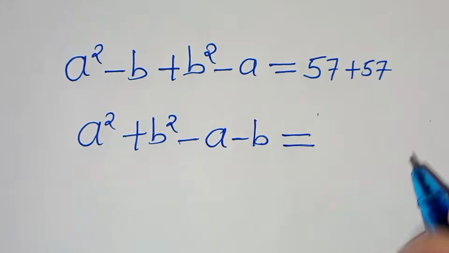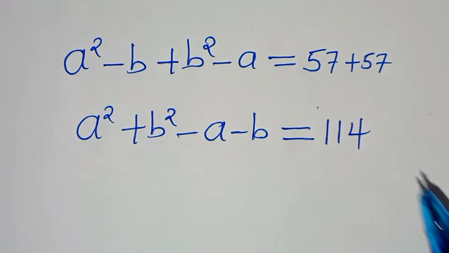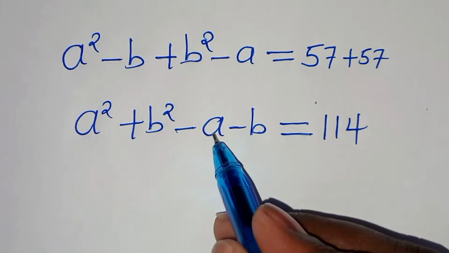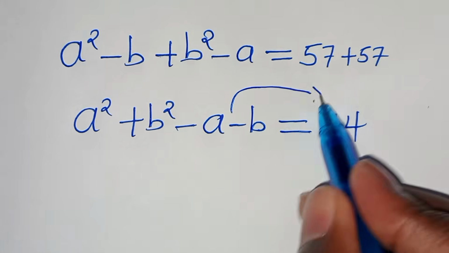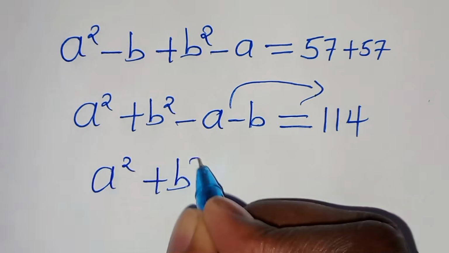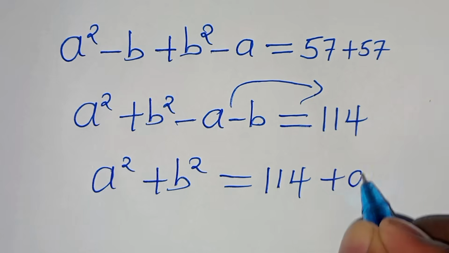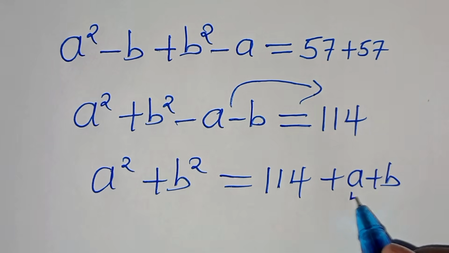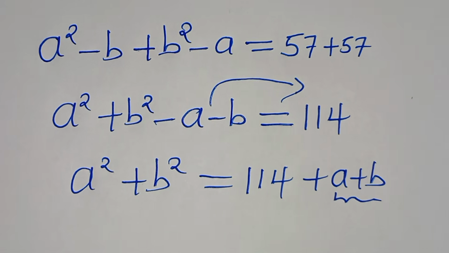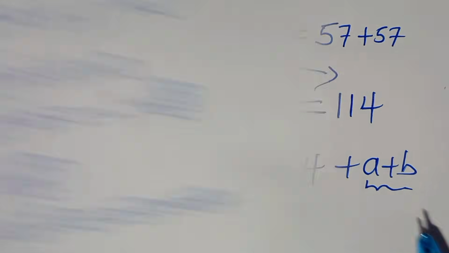This is equal to 57 plus 57, which is 114. Now, let's take minus a minus b on the right hand side so that we have a squared plus b squared equal to 114 plus a plus b. Now, a plus b is actually equation 3, which is minus 1.